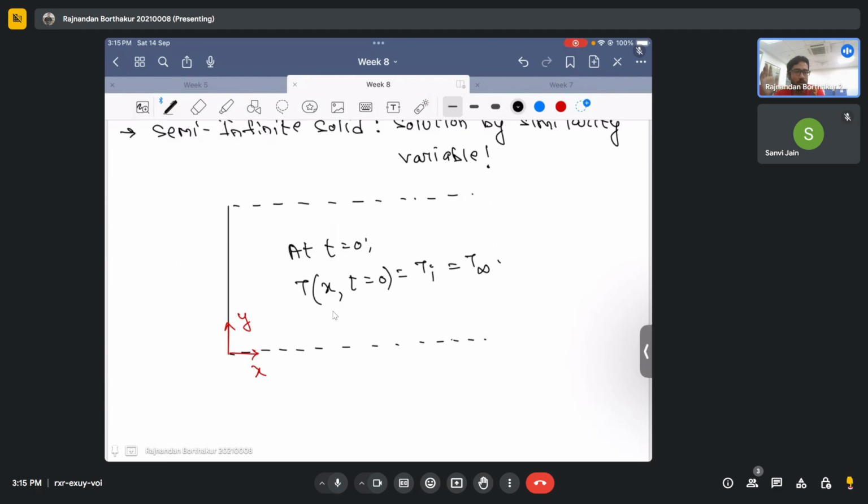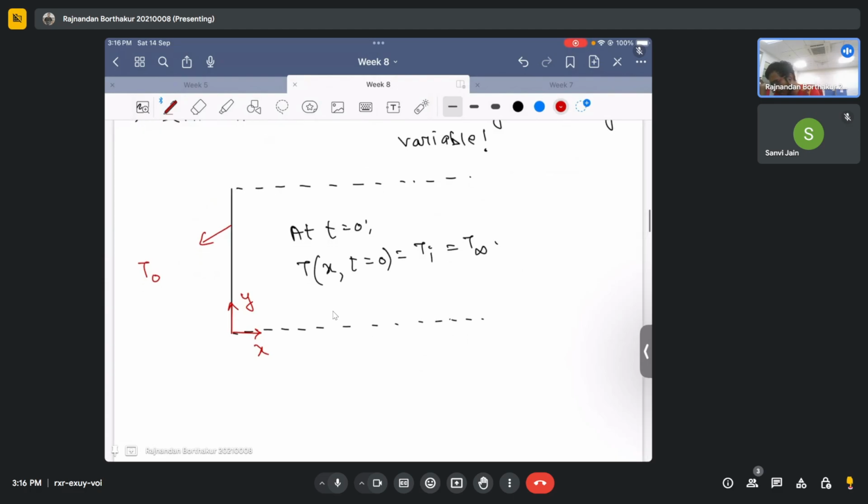Now, what we are doing is we are subjecting one face of this object, which is this face, with some prescribed temperature. We call it some T naught, where this T naught is much higher than Ti.